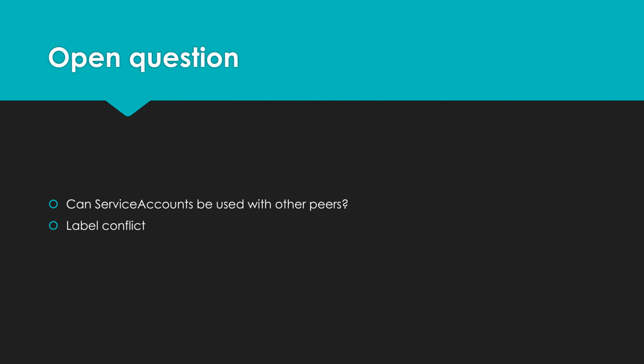So I guess for using service accounts as standalone peers, we have an agreement. Anyone who has ideas, feel free to bring them up. Okay, so for the label conflict, as we can see, let me go back.